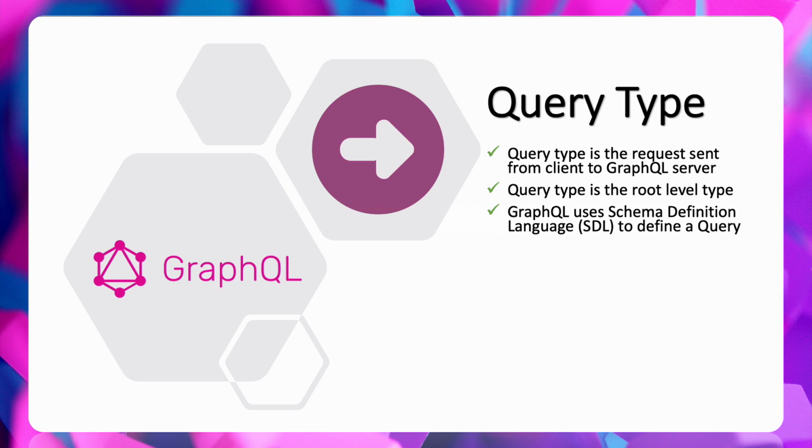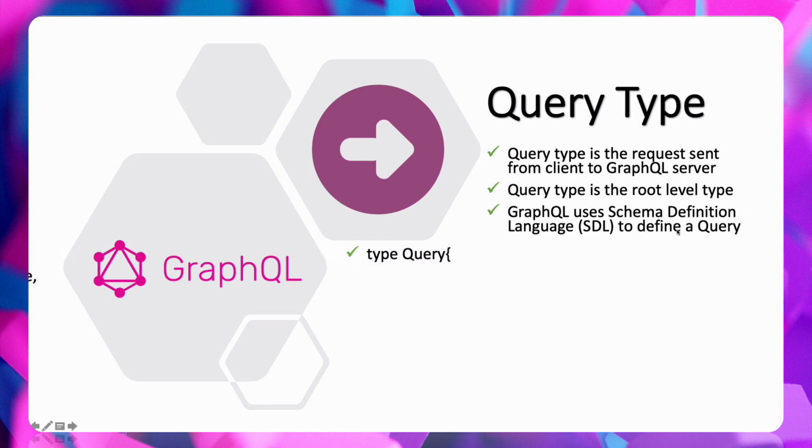So what happened is GraphQL is not connected to any specific language. So in order to make GraphQL accessible from any language using a single structure, we are defining a new language called schema definition language. So using SDL, we write the query.